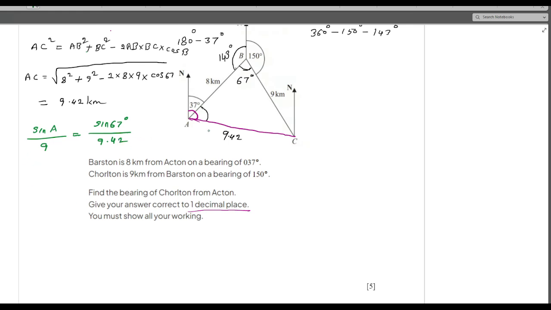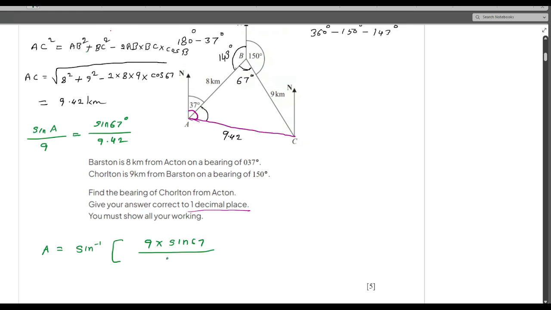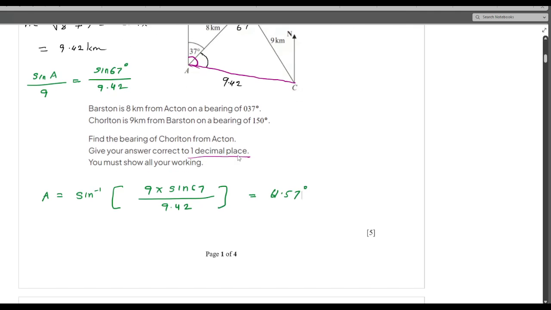So that gives me angle A as sine inverse of 9 times sine of 67 divided by 9.42. So this gives me angle as 61.57. That I can say is 61.6.